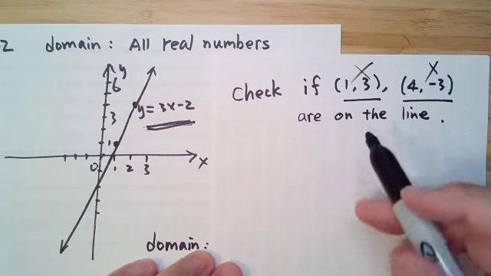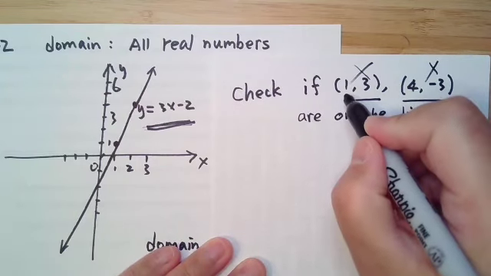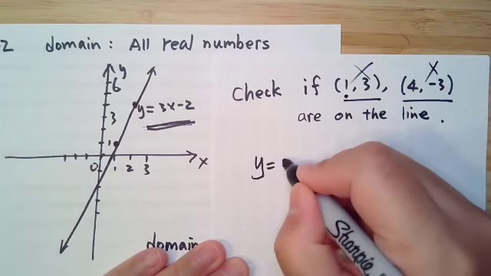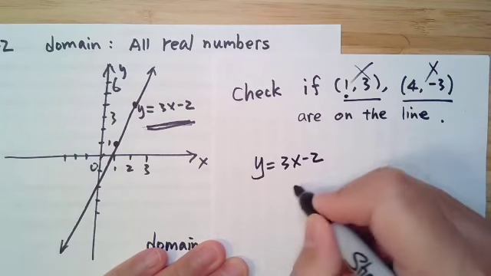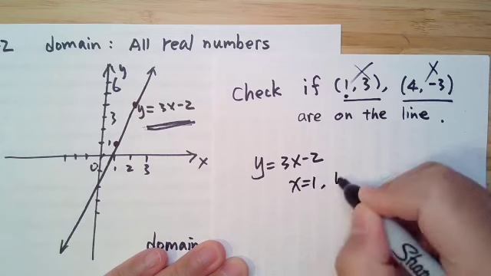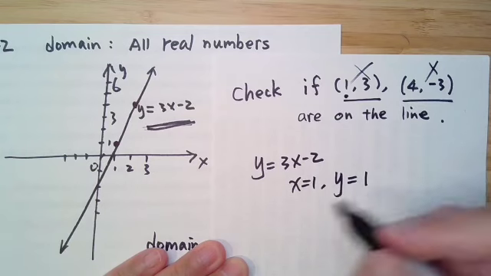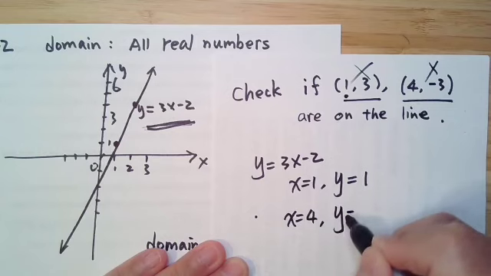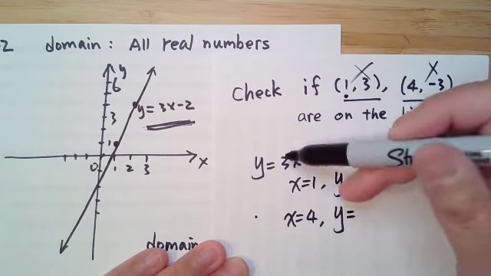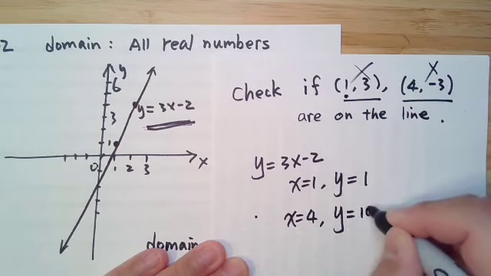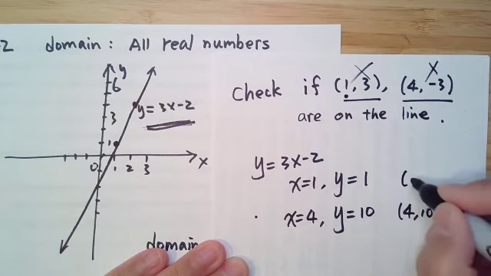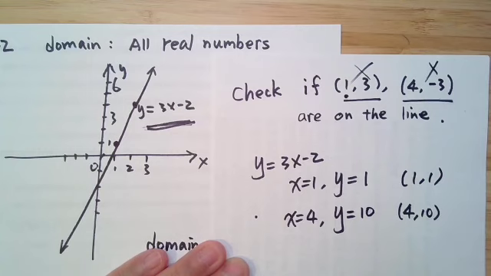The other way to do that is you plug in x equals 1 here. Remember the equation is y equals 3x minus 2. So when x equals 1, y equals 1, right? And when x equals 4, y equals what? 3 times 4 is 12, y equals 10. So (4, 10) is on the line, and (1, 1) is on the line.